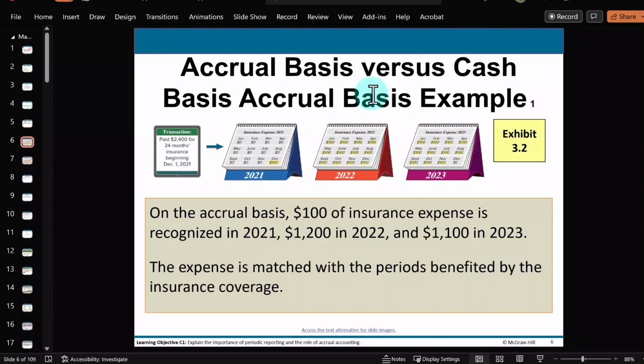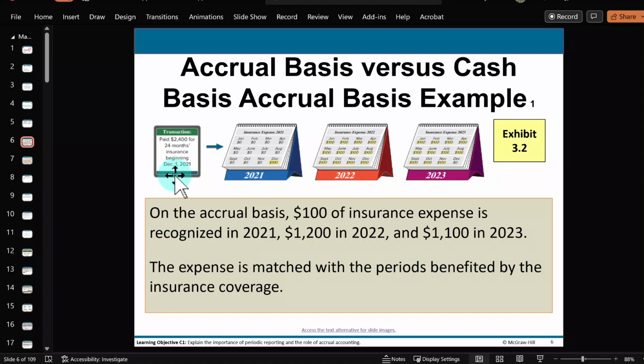Here's an example of why accrual basis method of accounting is important, and comparing it to a cash basis method. So let's say your company bought an insurance policy covering 24 months, and it starts from December 1st, 2021. That's when you paid for this 24-month insurance policy.